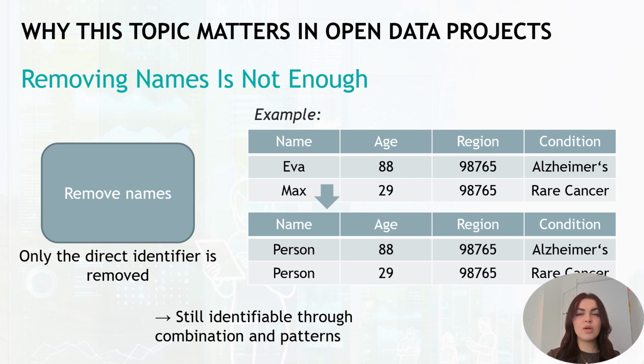In a small local context, even a single unusual record may be enough to reveal someone. So, anonymization is not only about removing names, it is about whether people can still be identified in context. That being said, data security has not been handled here yet.